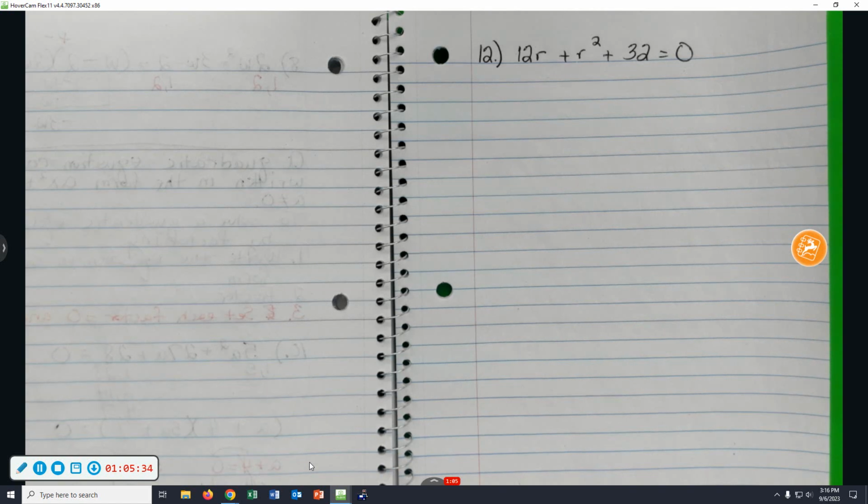Well, it has an equals 0, so that's good. But is it in the standard form? Is it in the form we need it? The equals 0 is the form we need, but what about the left side? You tell me what we have to do.